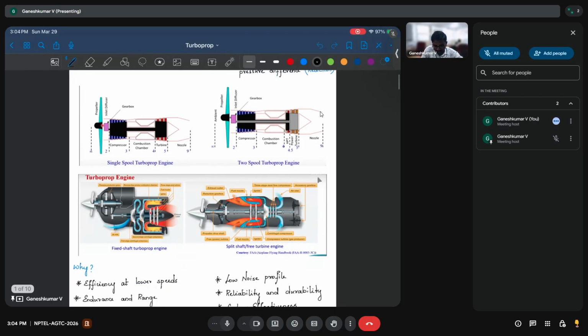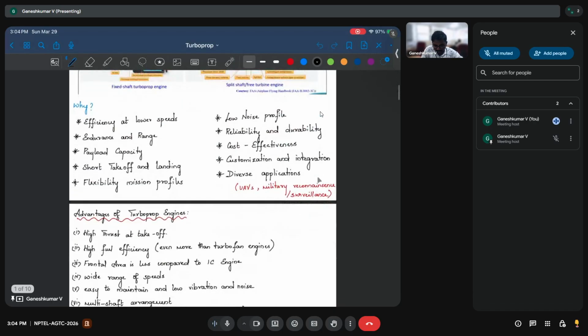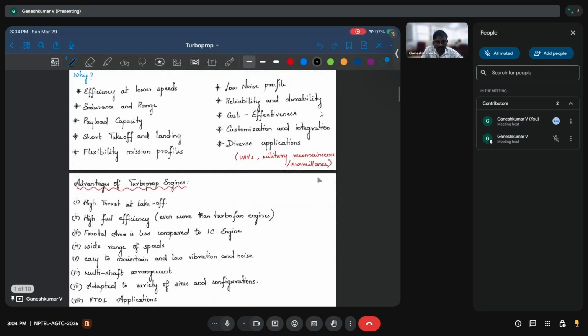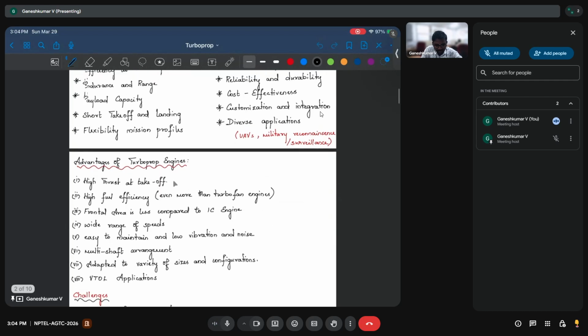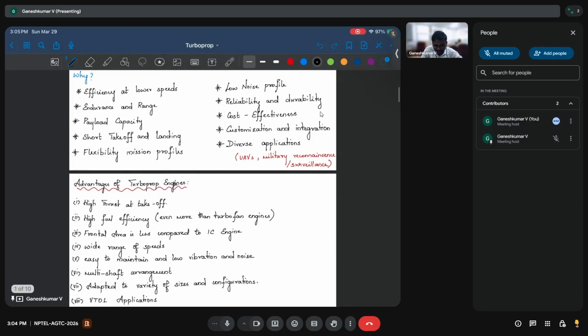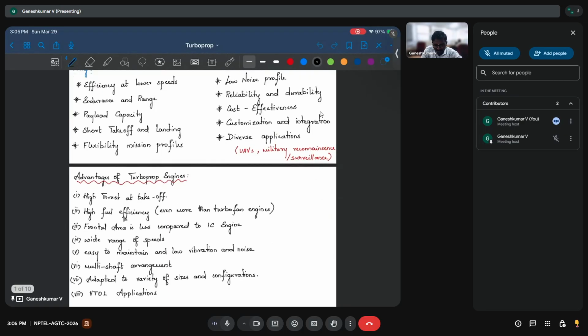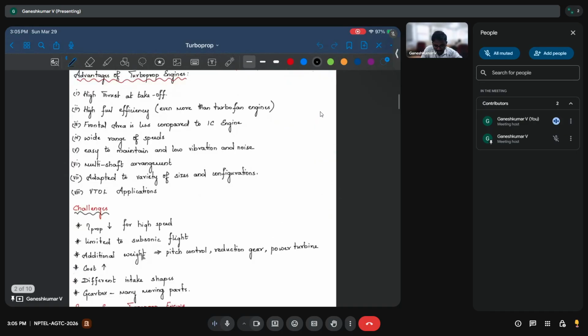That provides some amount of thrust. This is typically used at low speeds, and the advantages it provides are high thrust at takeoff and high fuel efficiency, even more than turbofan engines. The frontal area is less, it has a wide range of speeds, is easy to maintain, and has low vibration.